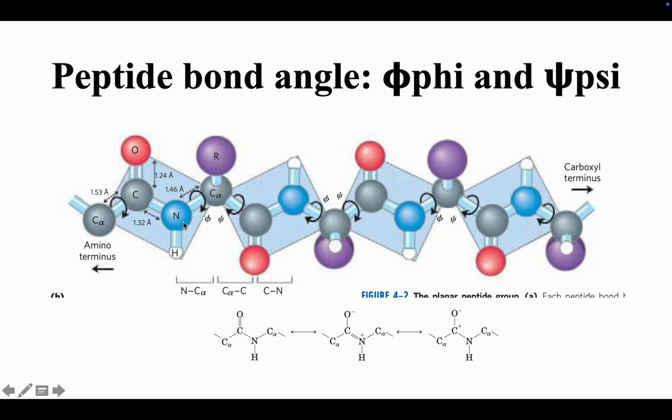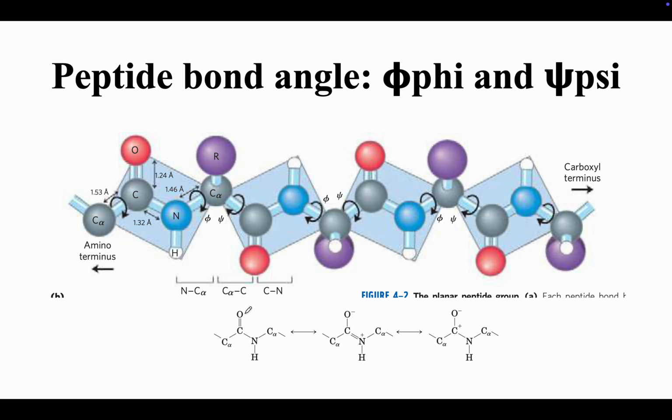And this peptide bond has the property that it can rotate. Okay, so the NC angle and CN angle can rotate.